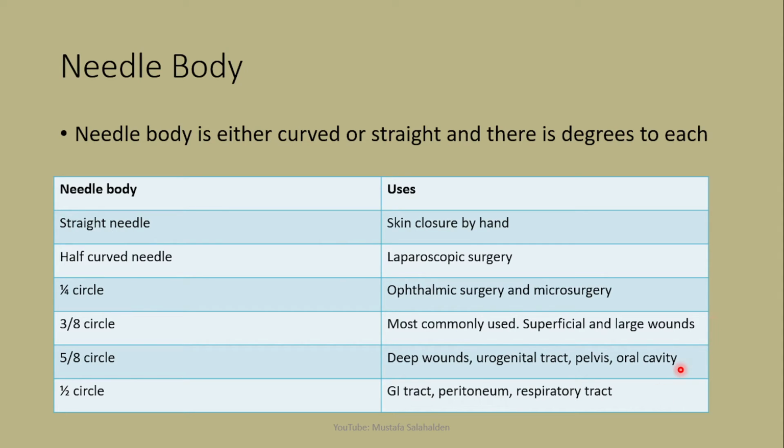And we have the 5/8 of the circle, and this is used for deep wounds and used for the urogenital tract, the pelvis, and the oral cavity. And we have the half circle curve, and this is used for the GI tract, the peritoneum, and the respiratory tract.